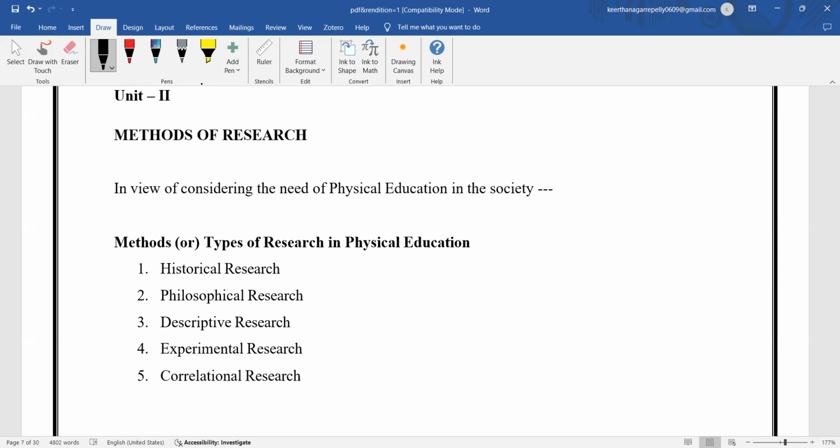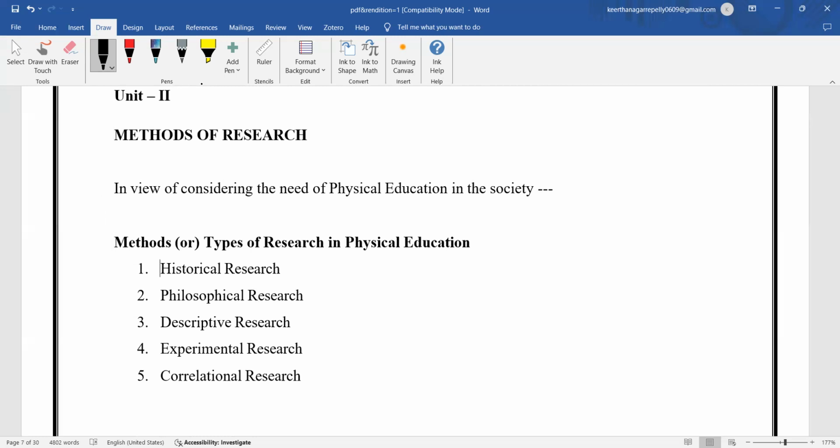When you're talking about physical education and sports sciences, you should always consider the need of physical education or sports sciences for society or the sports world, and how it affects them. Keep that in mind.